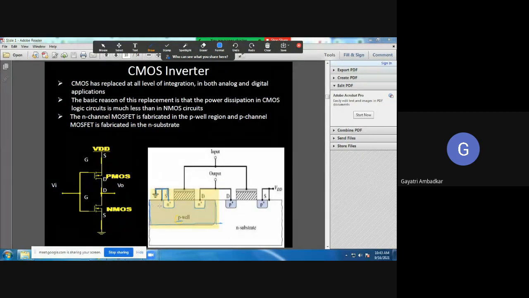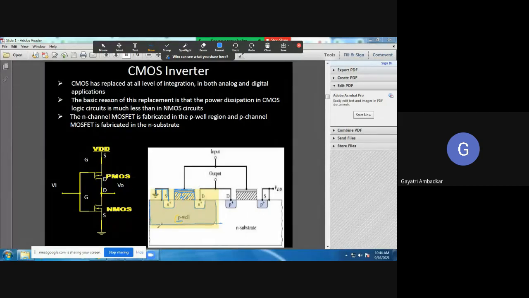Okay. Then how do you form a gate? Above, there is space between these two N regions. Just above that, over this SiO2 layer, these dashes indicate SiO2. Above that we deposit metal, and that is nothing but our gate.